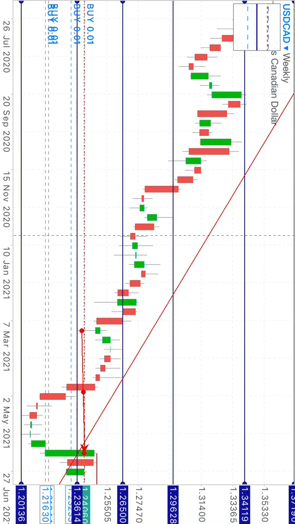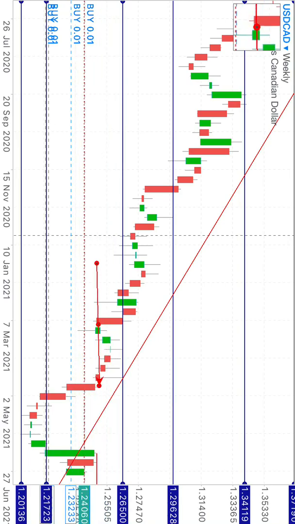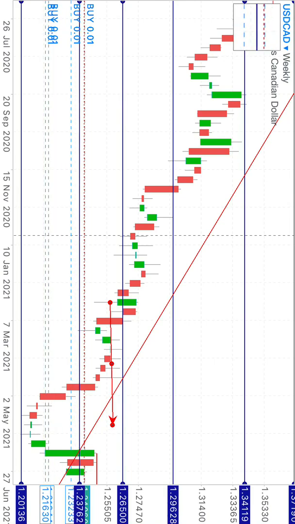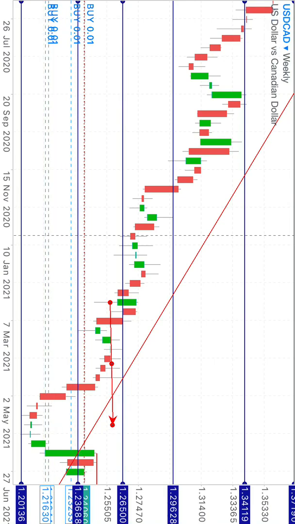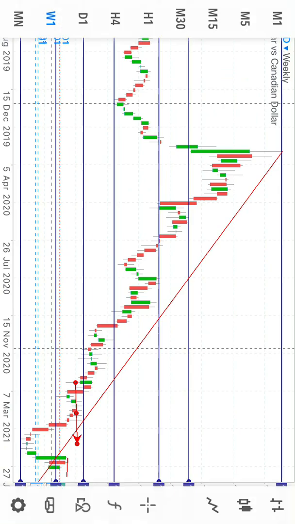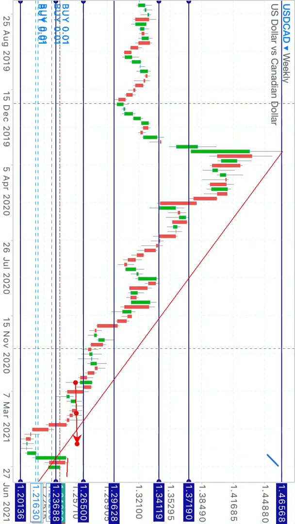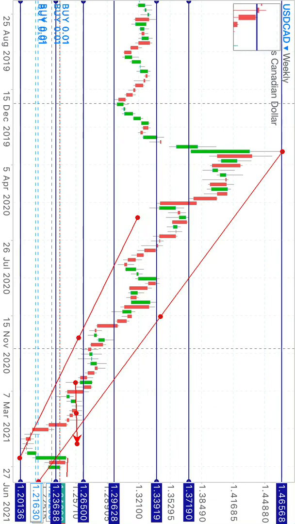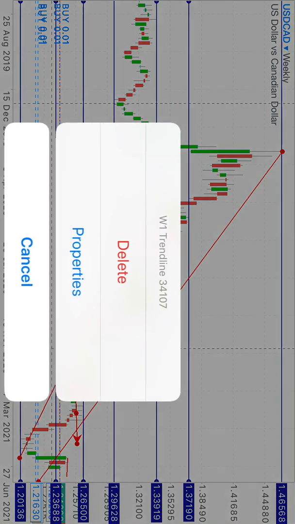So if you can check here, there is a breakout on that trend line. So it's an indication that on a weekly chart, this is the beginning of an uptrend, right?